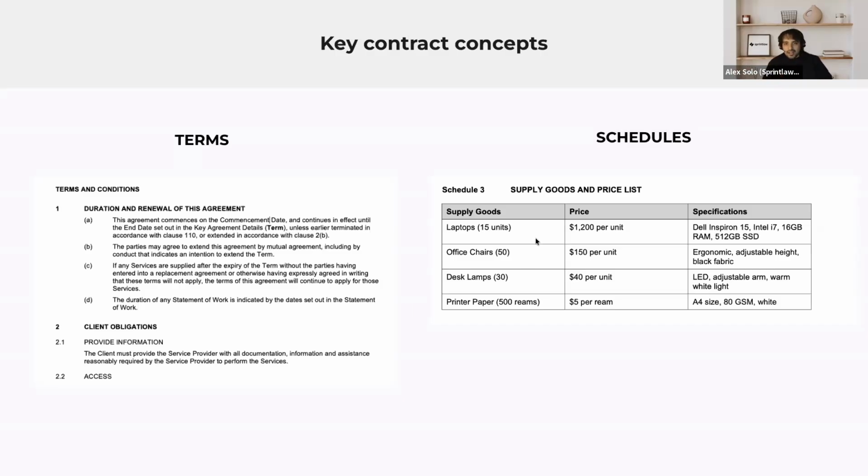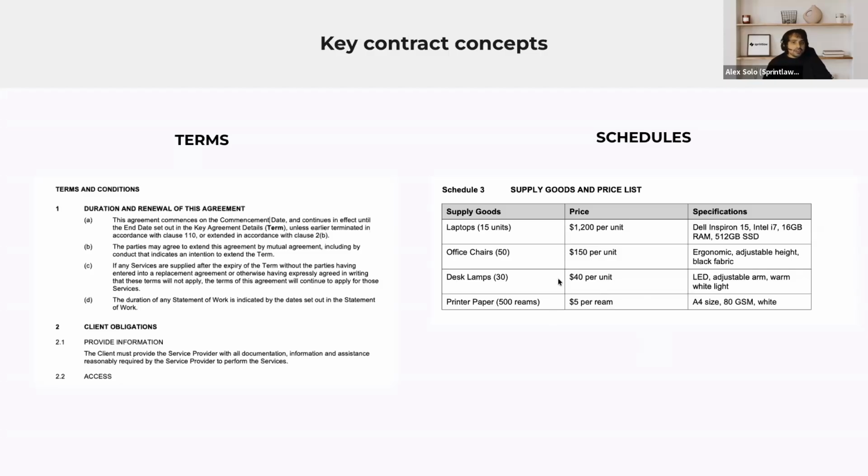So we have, for example, a schedule from a supply agreement. So the contract might say, the supplier agrees to provide the goods in Schedule 3 to the customer. And you read that in the terms and you say, okay, what's in Schedule 3? You hop on over to Schedule 3 and there's a big list of what's actually being supplied.